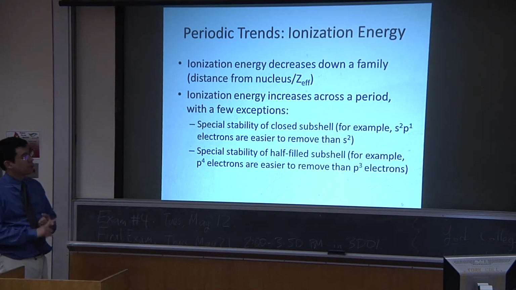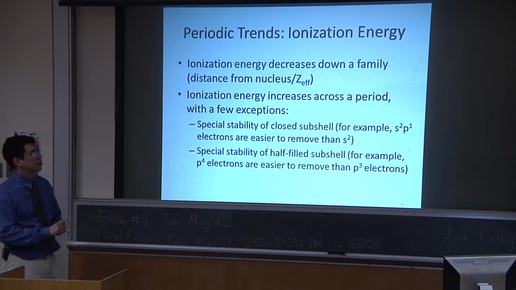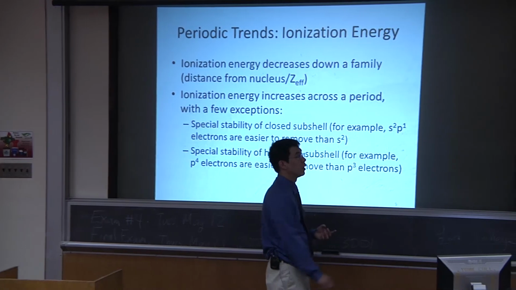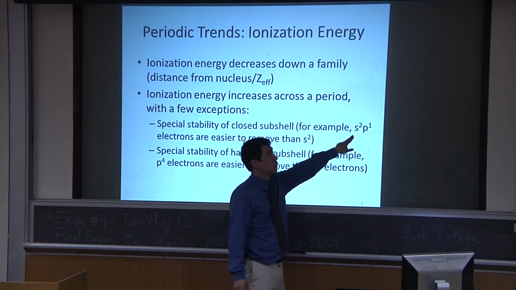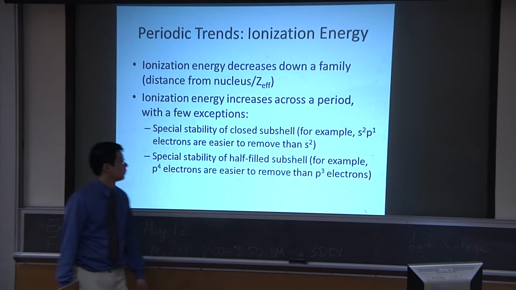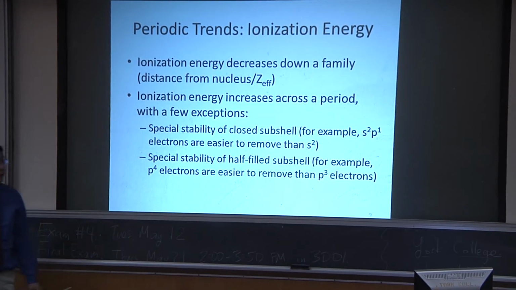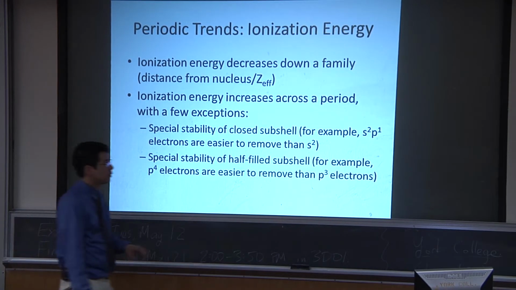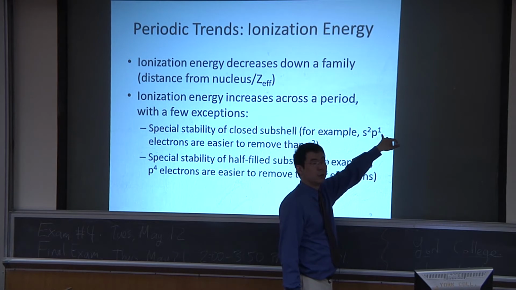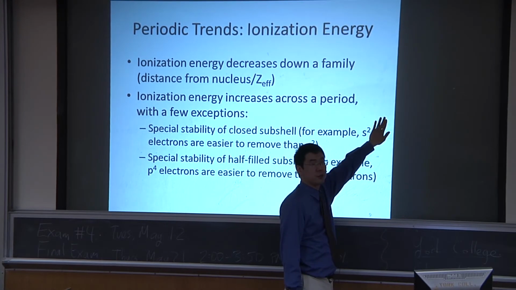First is there's special stability of closed subshells. For example, if you're boron, you're 2s2 2p1. That's not very happy. Boron doesn't really mind losing 1 electron, because when it loses 1 electron, it becomes just s2.